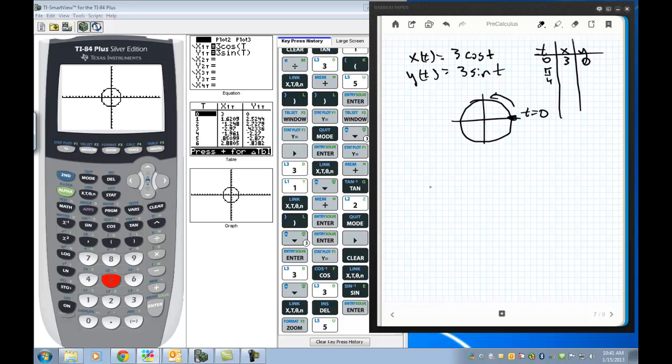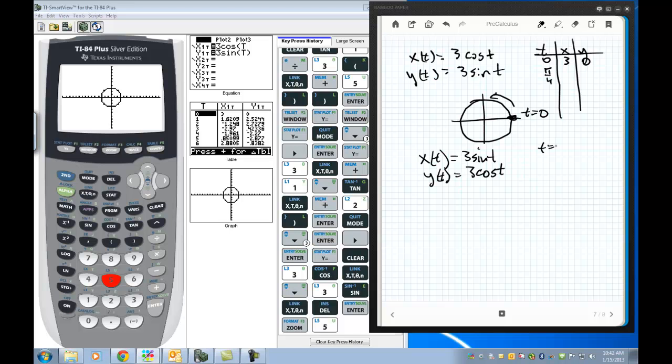So what I'm going to do is I'm going to move this and see what happens. What if instead of x of t equals 3 cos t and y of t equals 3 sine t, I flip them? X of t, I'm going to make 3 sine of t, and y of t, now look at that, no lag, equals 3 cos of t. What do you think is going to happen?